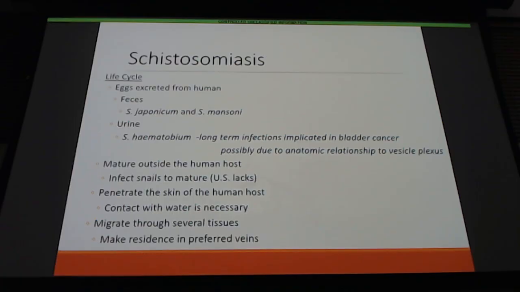So the infected egg goes into the water, the little thing hatches, it goes into a snail, goes through cycles in the snail depending upon which one it is, it comes out, fish eats it, then another fish eats it, and then we eat the fish. Right? Well, take that back. It hatches through the snail, it gets released into the water, we go in the water, and then it kind of clings onto us.